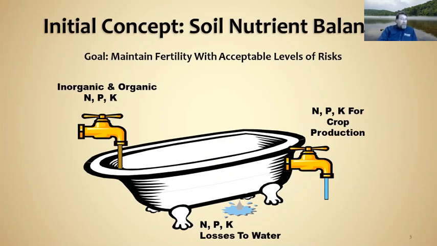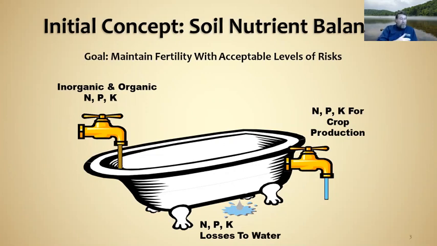So when you're thinking of the soils as a bathtub, you have a spigot that you're pouring nutrients into that soil, and that may come from inorganic fertilizer, it may come from organic fertilizer. The key concept we need to remember is N, P, and K is N, P, and K regardless of what the source is.